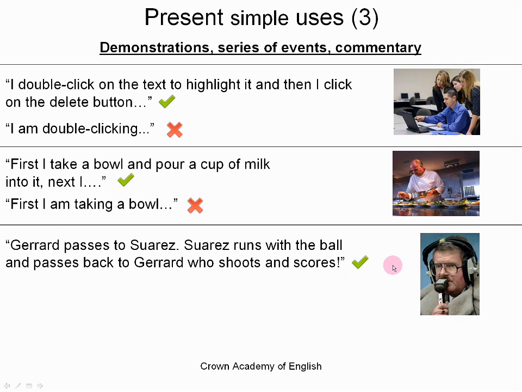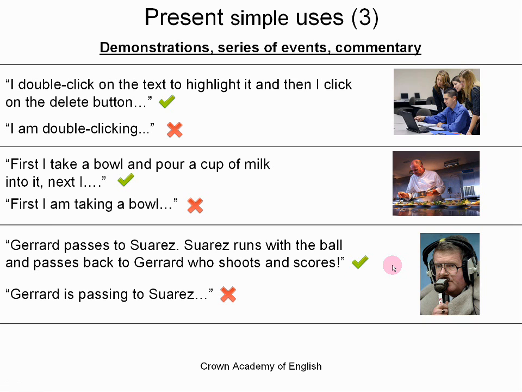It's quite an easy explanation of why commentators use the present simple when doing live commentary. It's for the basic reason that it's quicker. It's quicker to say Gerrard passes to Suarez than Gerrard is passing to Suarez, because obviously the action is happening very quickly.